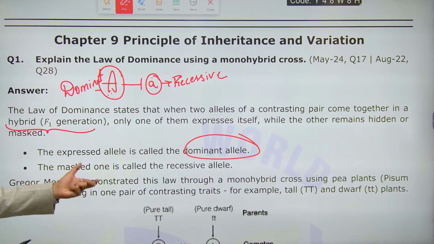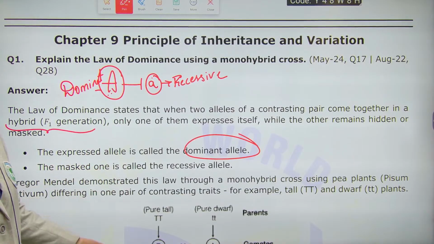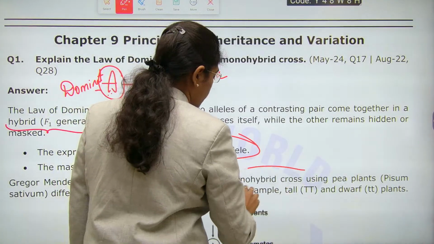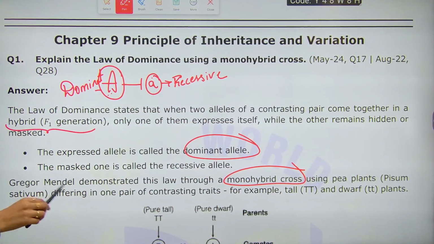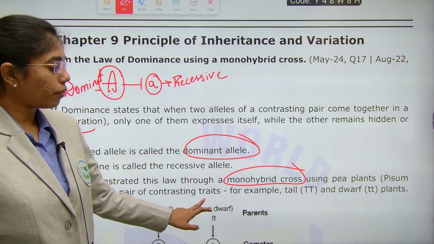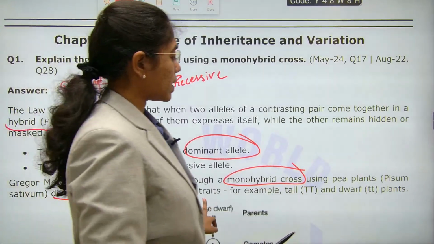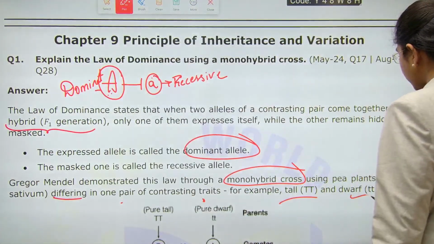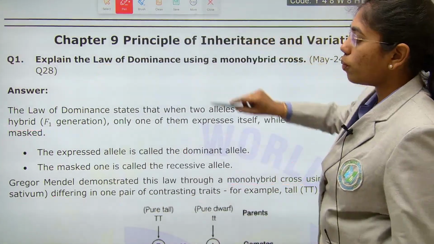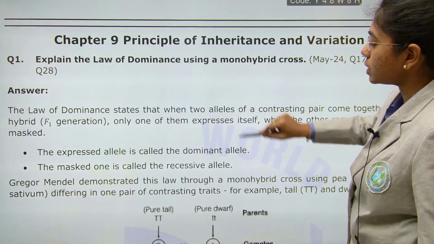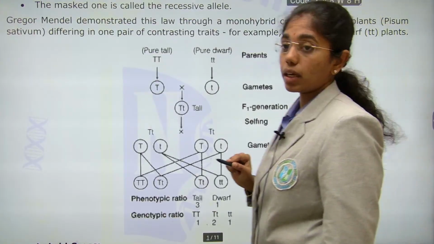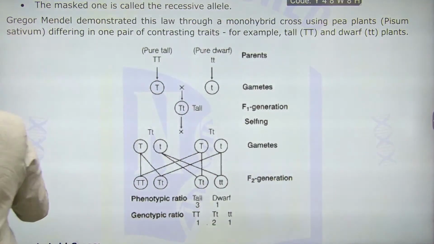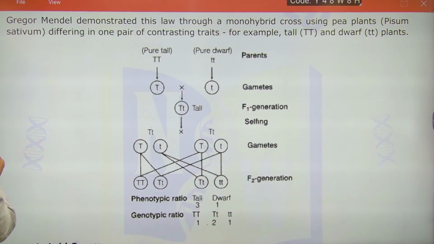So Gregor John Mendel demonstrated this law through what? Monohybrid cross. He demonstrated this using monohybrid cross using pea plants, that is Pisum sativum, differing in one pair of contrasting traits. For example, this is for tallness and these are the dwarf plants, which are homozygous dominant and homozygous recessive ones. Here we go with first the parental generation followed by F1 generation and then F2 generation.